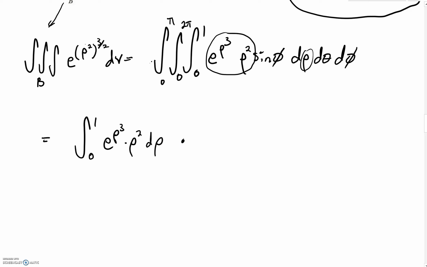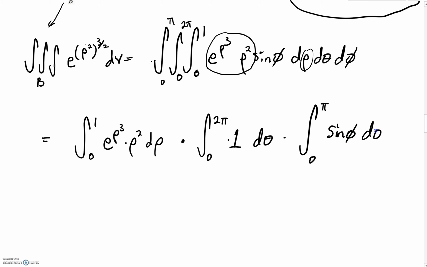And then we can say, well, what about d theta? Well, theta is going to span between 0 and 2 pi. There's nothing left inside the integral, so we could just put a 1 in there. That's kind of nice. How about phi? Well, as we look at phi, we're going to say that goes between 0 and pi, and we'd have the sine of phi d phi.